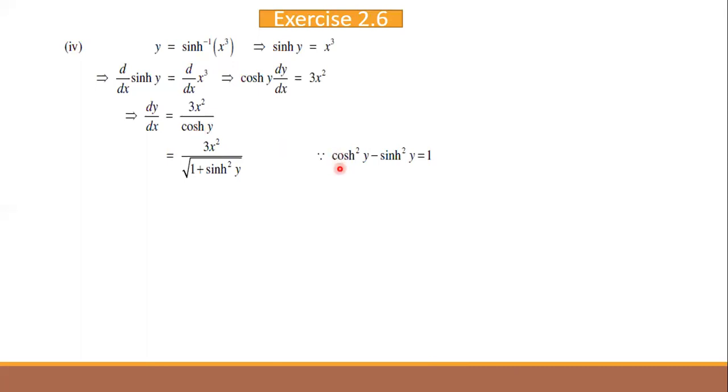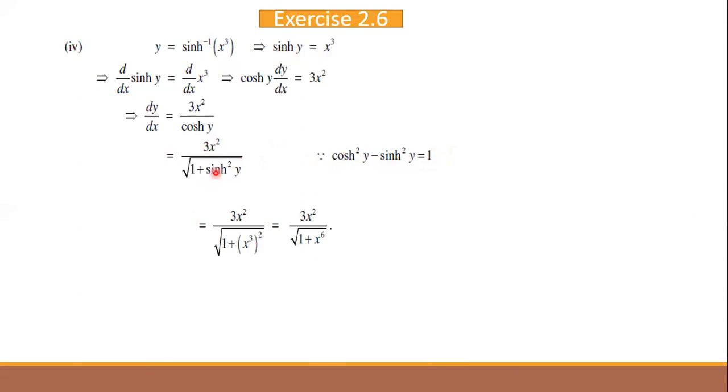And we know that cosh square y minus sinh square y is equal to 1. This minus goes to the right hand side and it becomes 1 plus sinh square y. Taking the square root, we get the square root of 1 plus sinh square y. And what is the value of sinh y? It is x cube.